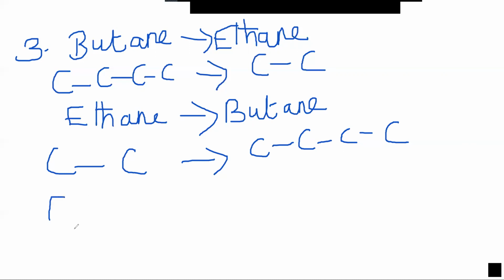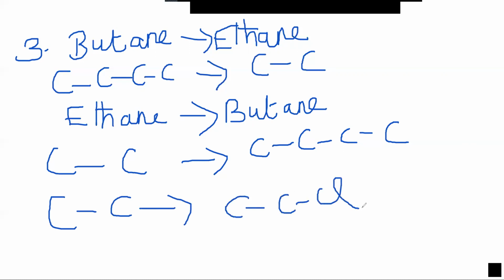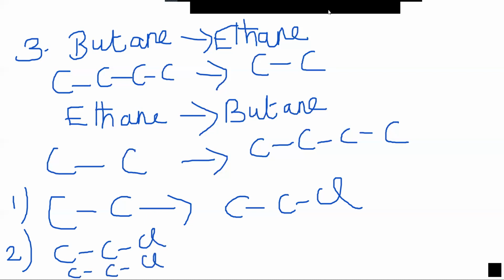Here, first you have to convert alkane to alkyl halide, C-C-Cl. This is step 1. And step 2, you have to take 2 molecules of C-C-Cl in the presence of 2 moles of sodium and dry ether as a reagent.